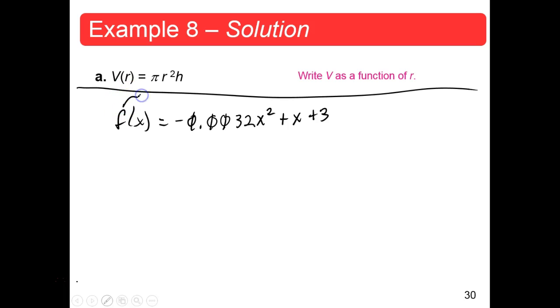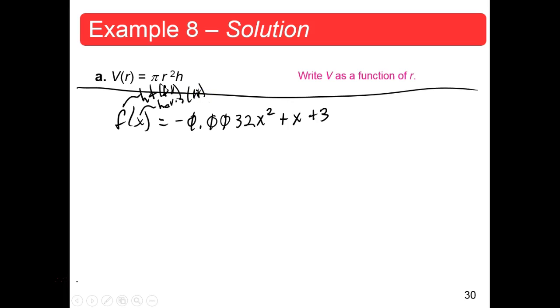Now, what does that function mean? The f here, the function here, is the height of the baseball, in feet. And x is the horizontal distance of the baseball from home plate, also in feet.